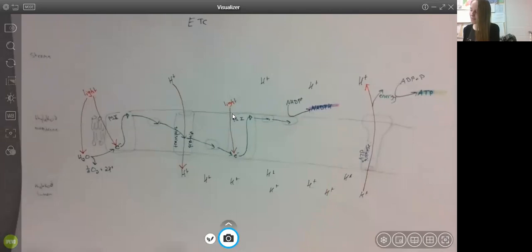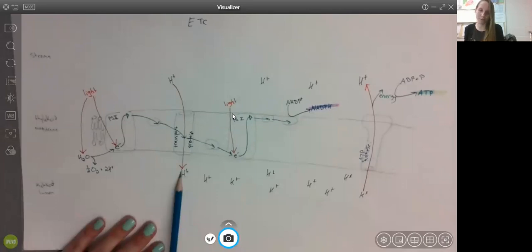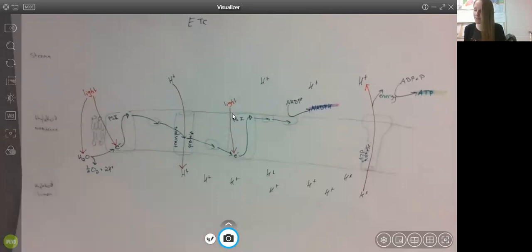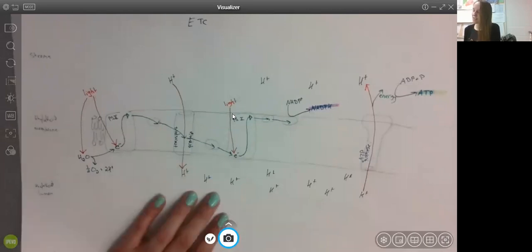Meanwhile, all of these hydrogens that have built up in the lumen from pumping the hydrogens across, which again, we got the energy for from all these redox reactions that were happening through the ETC. All these hydrogen ions have stored chemical potential energy because of the electrochemical gradient.